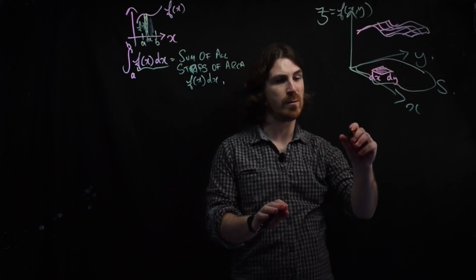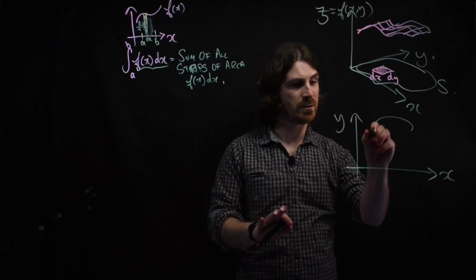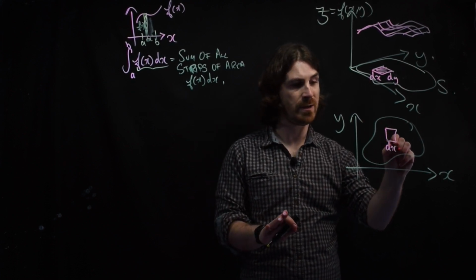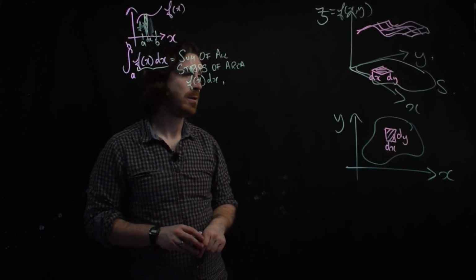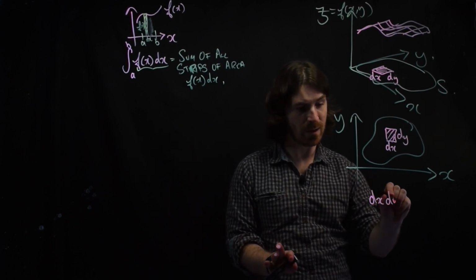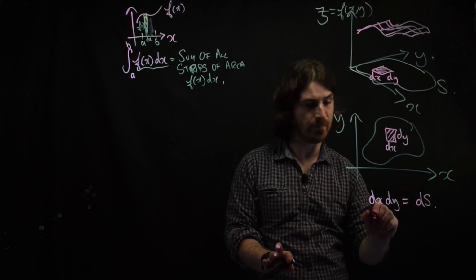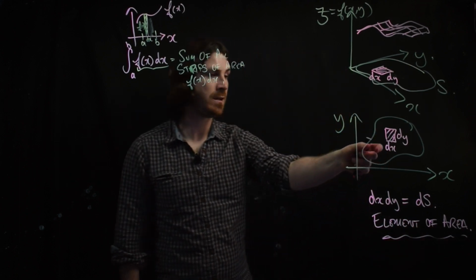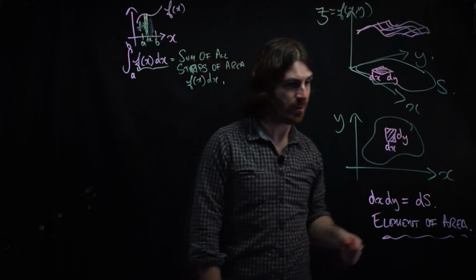Looking down from above, this is the xy plane, this is some region S, and we've got a rectangle of width dx and height dy. Dx dy we call the element of area. The area of this rectangle is its width times its height, dx times dy.